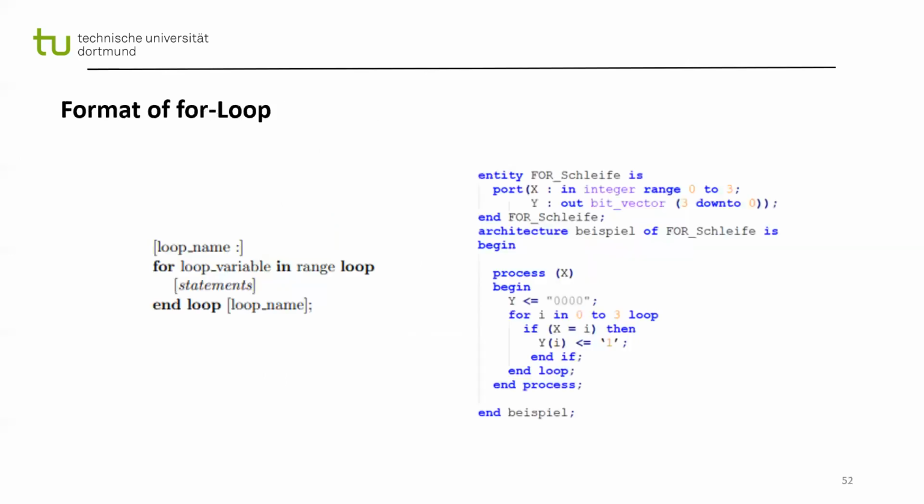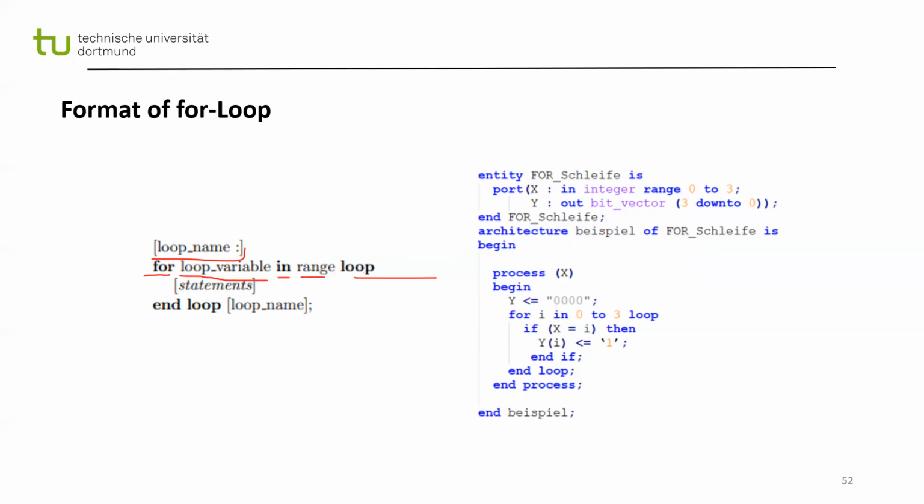The format of the for loop in VHDL follows the following structure. We have a loop name, but it does not necessarily have to be available at all times. And we have a for keyword followed by the loop variable in range loop.